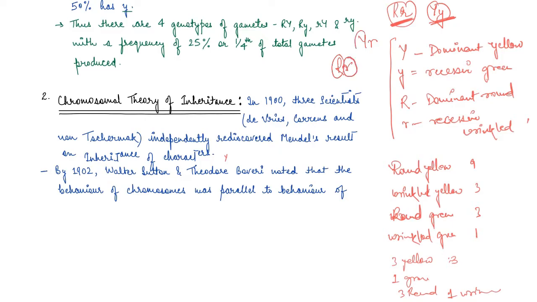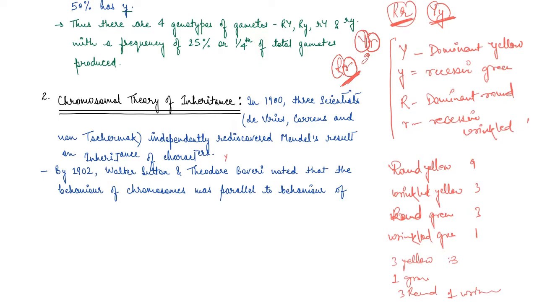In the same way, 50% chance of this and 50% chance of the other one, right? So there is no dependency on the other pair of trait for this to be segregated in a gamete, right? So this basically is the law of independent assortment.